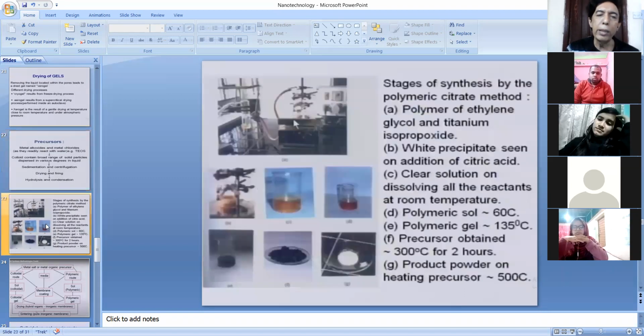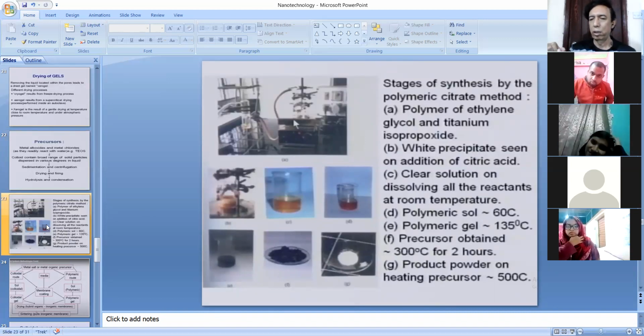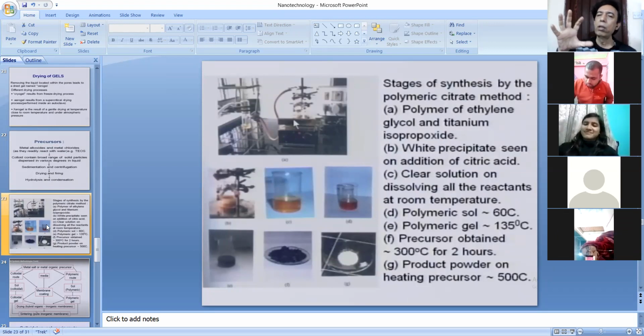Now, there is another way of synthesizing nanomaterial in a sol-gel process. It is the polymeric route. That means polymerization occurs at the time of gel formation. That means polymerization forms the gel.